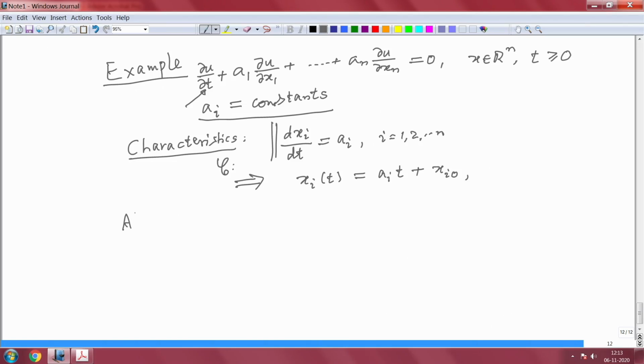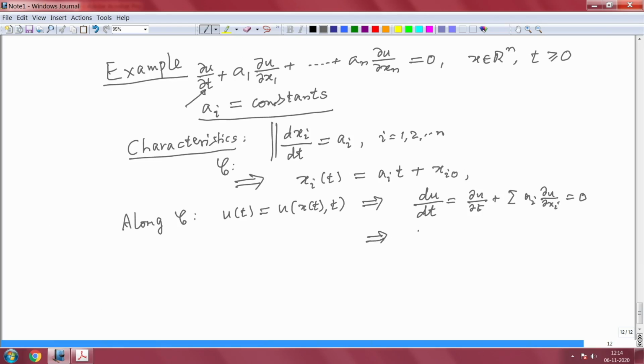So, along C, again by abuse of notation, if you write this u of t, now it is u of x of t, t, because I am using t itself as a characteristic parameter, and you immediately see that du by dt, again by implicit differentiation, is du by dt plus summation a i du by dx i, and that is 0. So, that means u is identically constant.